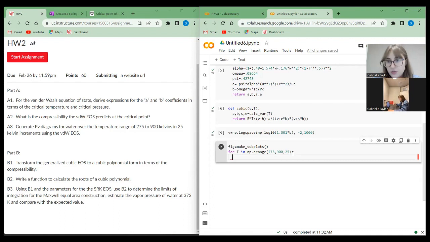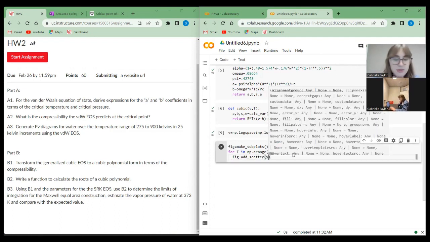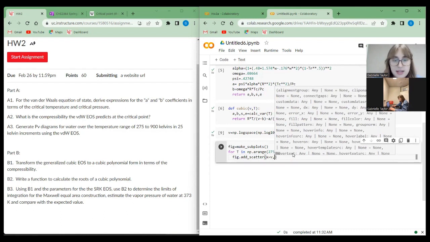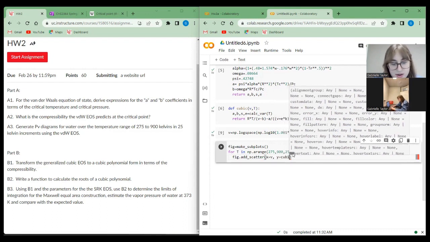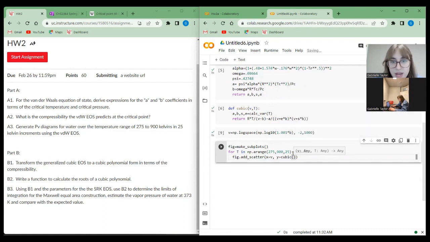So for every temperature in the for loop, we want to add a point, so let's add a scatter plot. Figure add_scatter. Our x, like we just calculated, is going to be our v, and our y is going to equal our cubic equation with our v and T. Then we want our mode to equal lines.